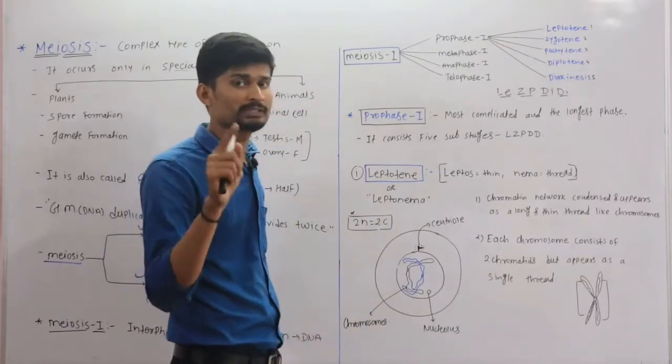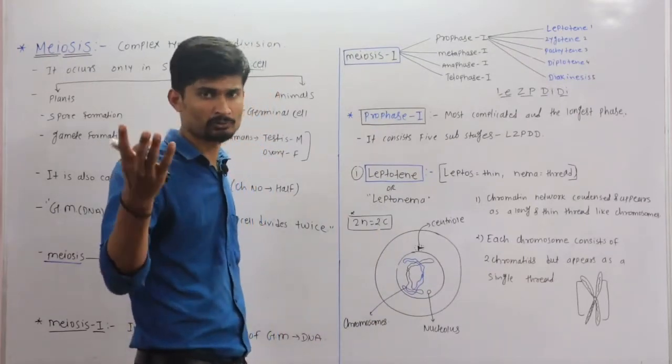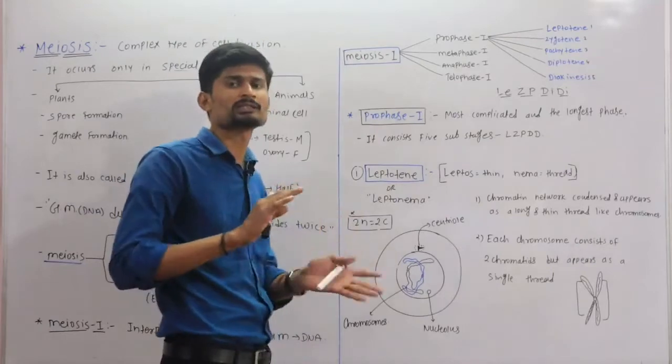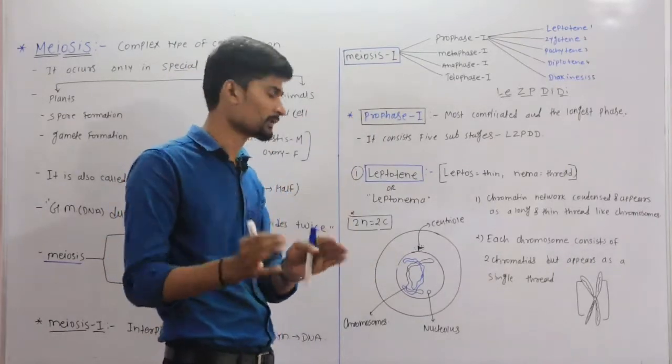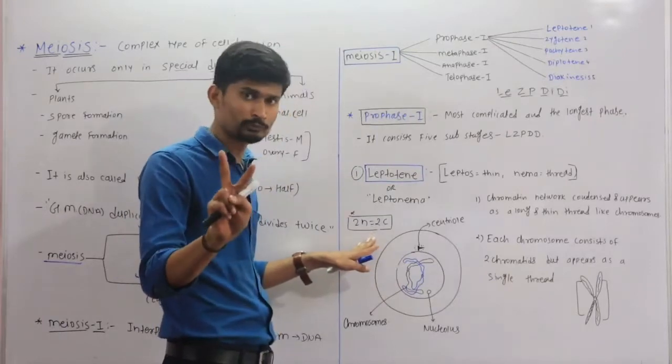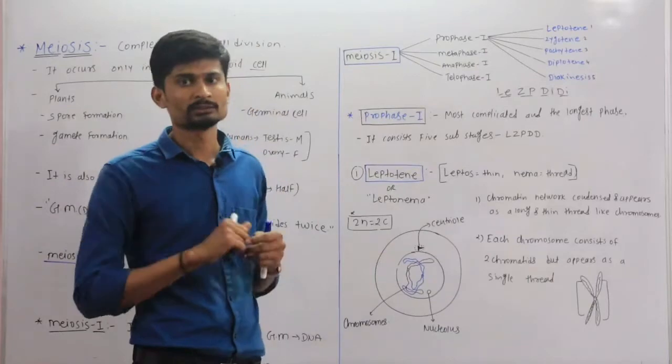In mitosis we took 2n = 4c, meaning the diploid condition had 4 chromosomes. Here we are taking the diploid condition as 2 chromosomes, so you have to remember this point. What will happen in the haploid condition?